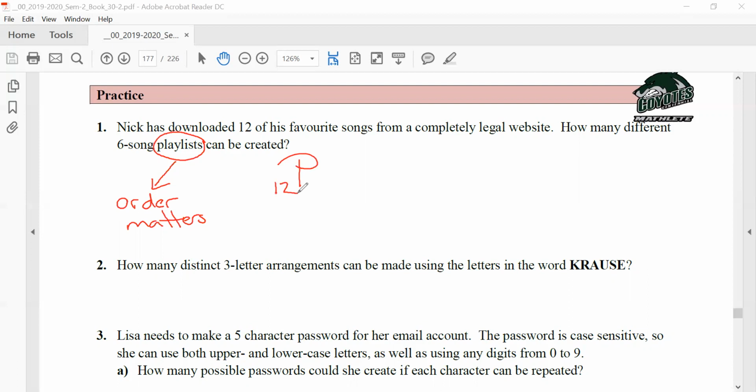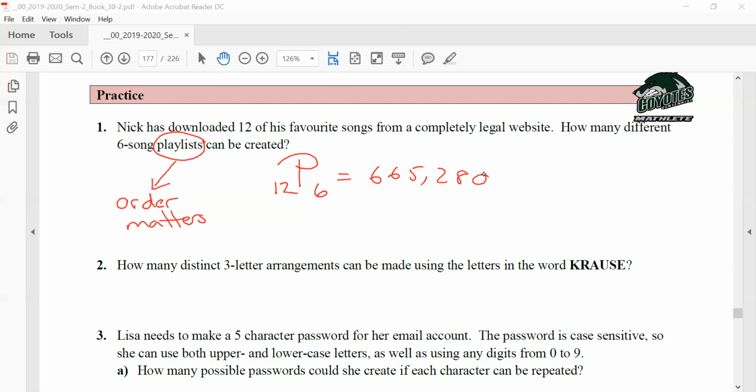There's 12 objects. I need 6 of them. Now I can put that in my calculator, which I'm going to do. So again, if you don't remember how to do that, I want you to go watch that other video. Look at this. A huge amount of different ways that I could arrange my 6 songs from the 12.